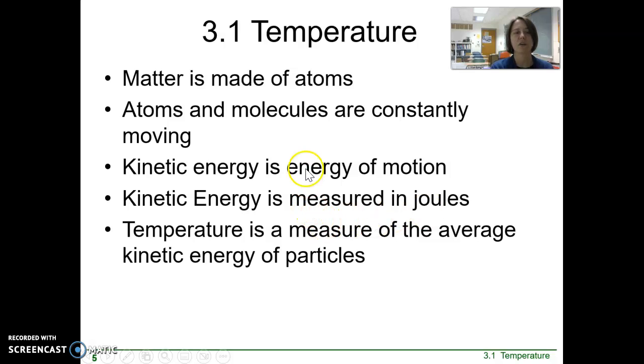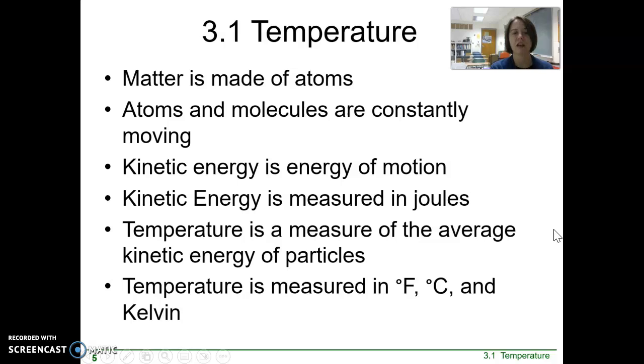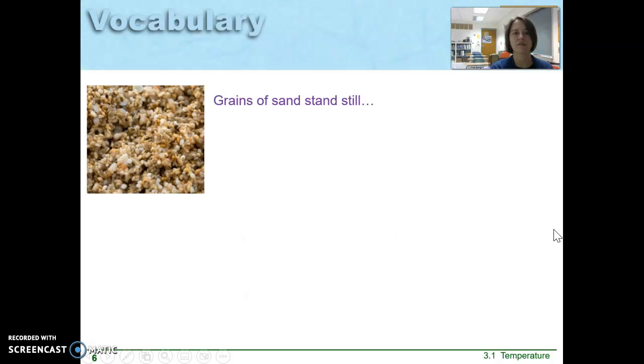Particles are always moving, and the average kinetic energy of all those moving particles is what we measure when we measure temperature. That's different than how you normally think about it. Instead of just being hot or cold, it's how fast the particles in the matter are moving. We measure temperature in degrees Fahrenheit, and then in science, degrees Celsius, and then Kelvin.